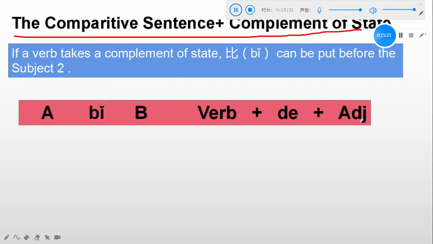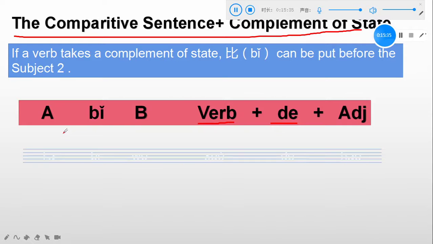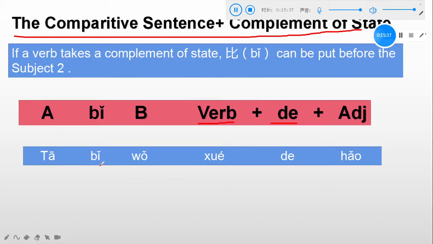好. Now, with the complemental state. Now, A 比 B with a verb, with adjective. Just two more things in this sentence form. Examples: A. 他比我学得好。See, it's not difficult. 他比我学得好。学 refers to 学习, meaning study.